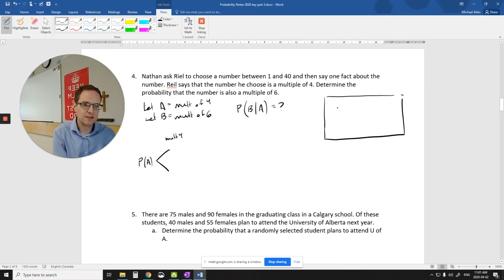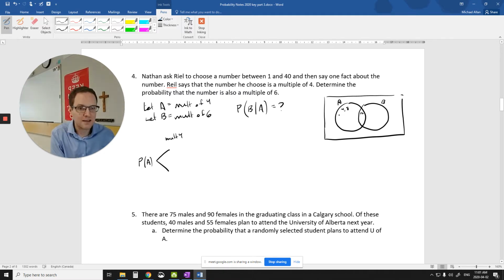If I were to draw this out, there's a Venn diagram here. I have 4, 8, 12, and I put a 12 here because this is the multiples of 4. Let's call this A, so the numbers don't get mixed up. And this is the multiples of 6, and 12 is a multiple of 6 as well, so it's in the middle there.